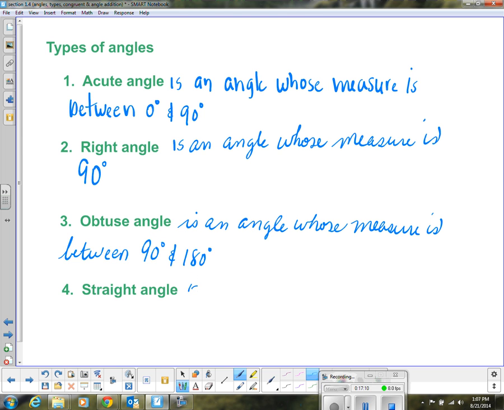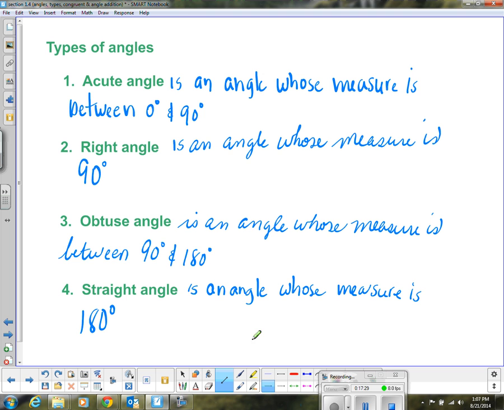Last but not least, a straight angle is an angle whose measure is 180 degrees. So that means when you have 2 opposite rays, one that starts here and one that goes that way, that is a straight angle.